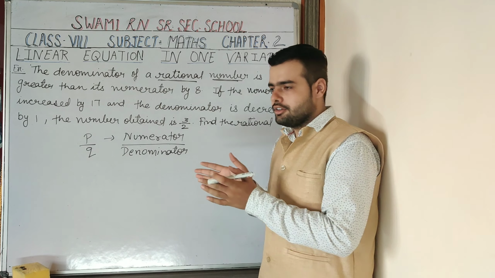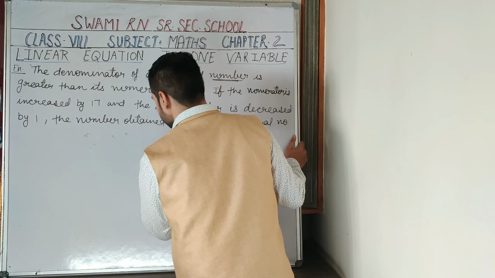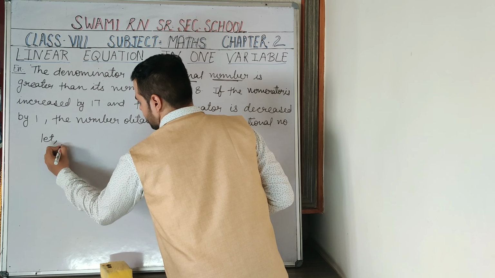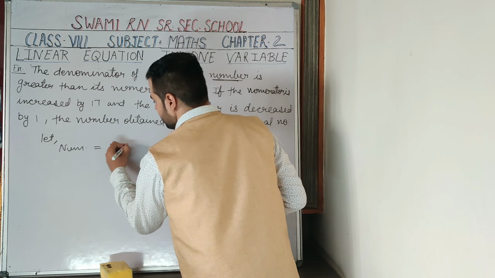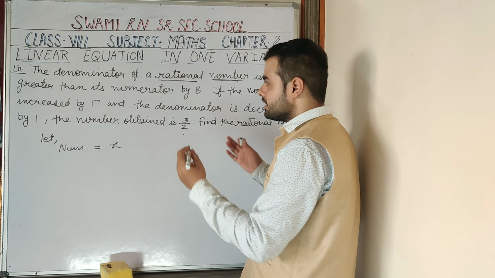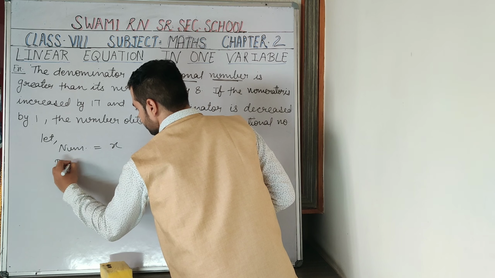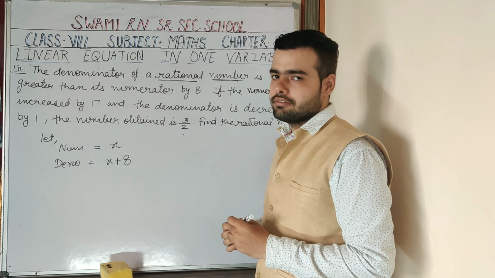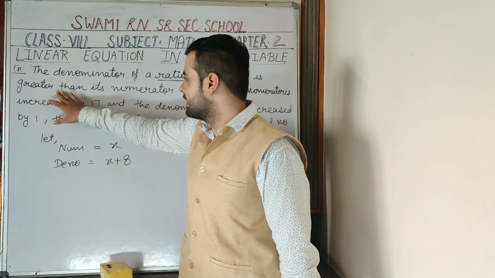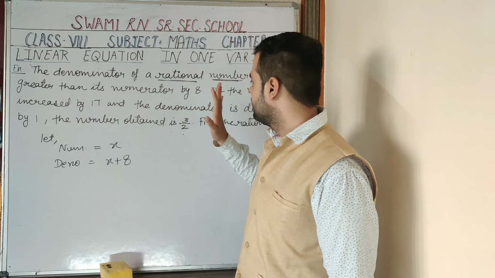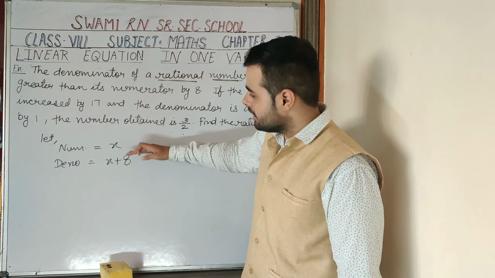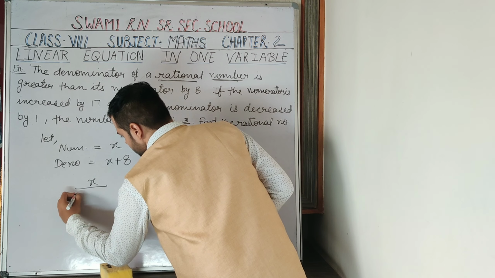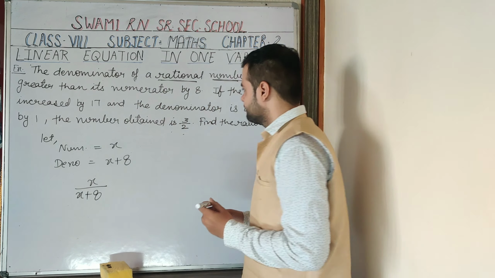So we will take the numerator as x according to the given statement. Let the numerator be x and the denominator is equal to x plus 8, according to the given statement that it is greater than the numerator by 8. Now we will write them in the form of a rational number, that is x upon x plus 8.